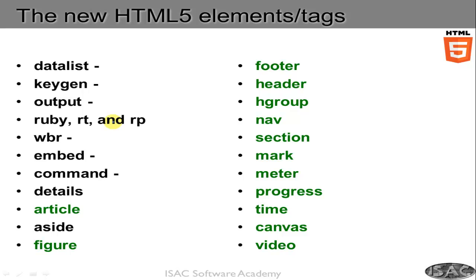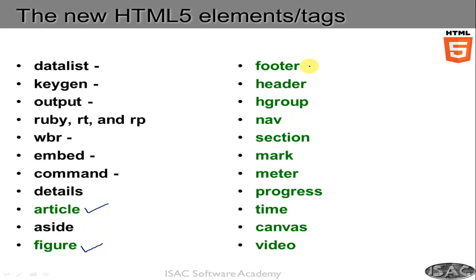Now we are not going to go through each of the elements and tags because it might take a lot of time, but we will definitely focus on some of the important ones. The important ones where we will focus, learn and understand how to use them are the ones in green color, like article and figure.